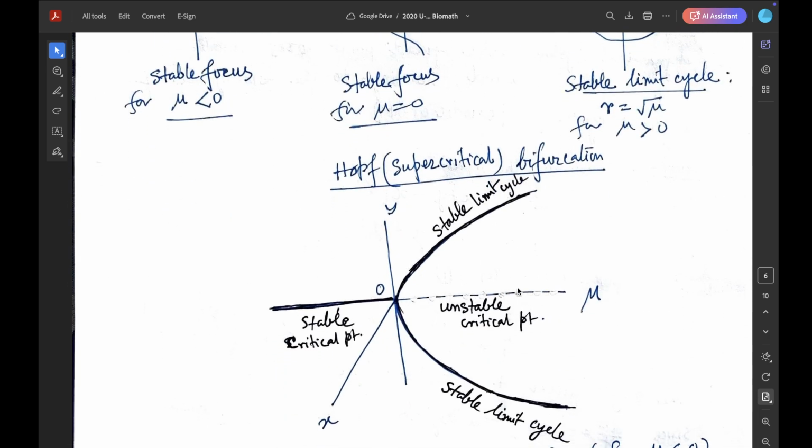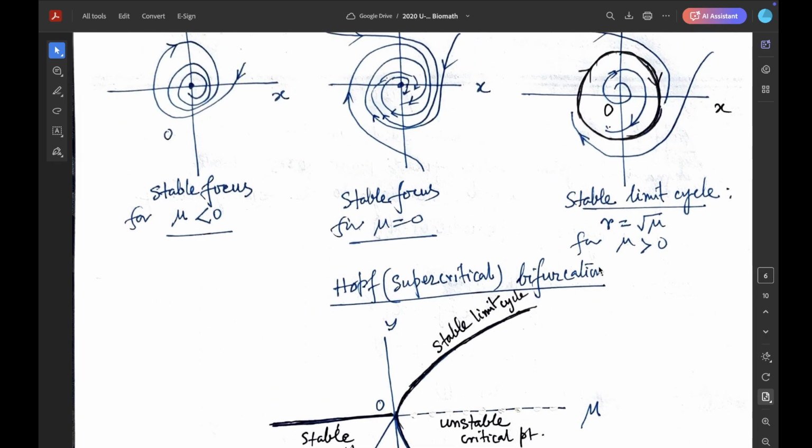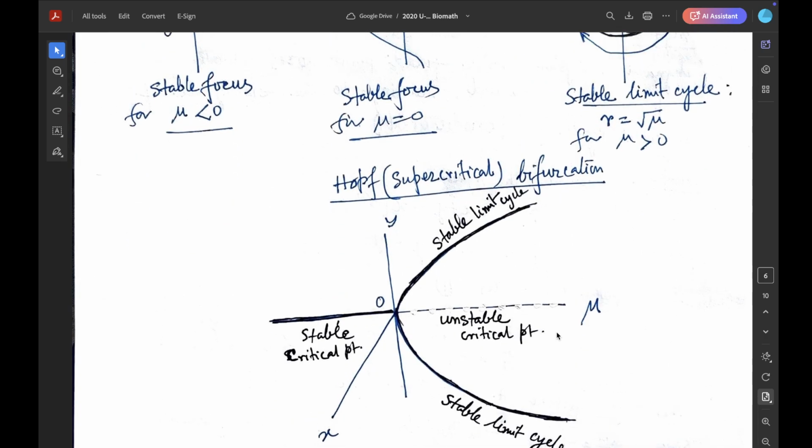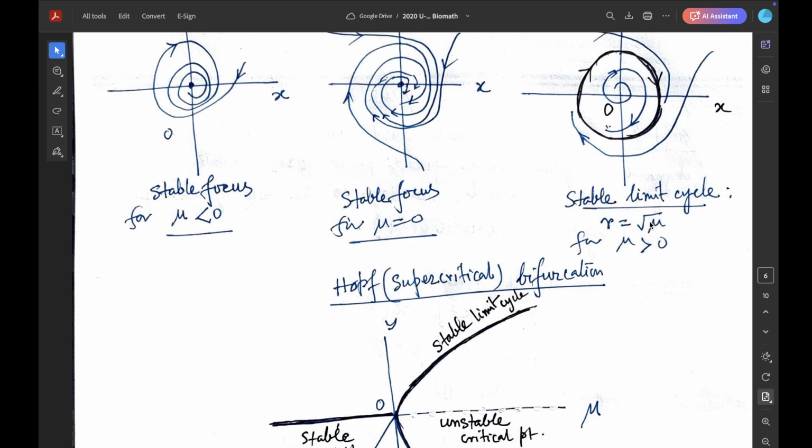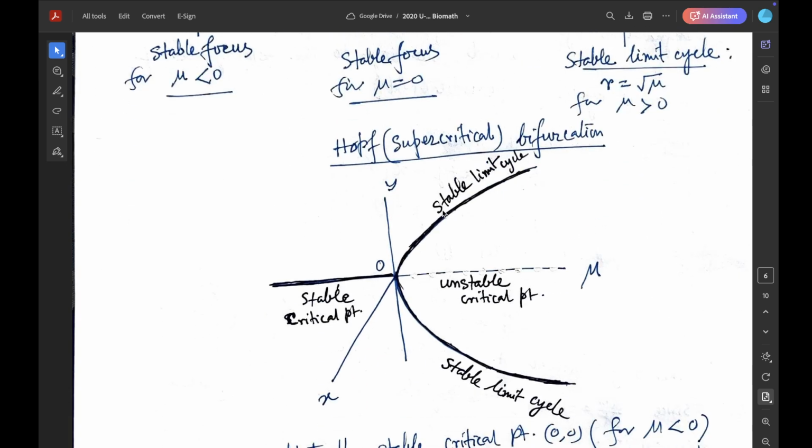This x star, y star equal to (0, 0) is an unstable critical point, because we get this. And then for mu greater than 0, we get a stable limit cycle. Actually, if we draw this stable limit cycle, it is this.